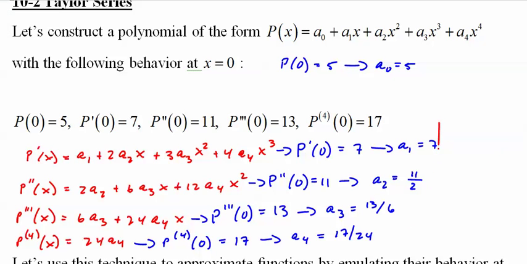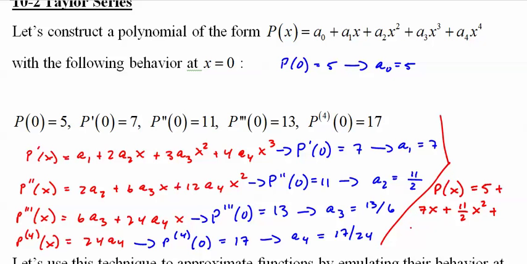And P of x will equal 5 plus 7x plus 11 over 2 x squared plus 13 over 6 x to the third plus 17 over 24 x to the fourth.